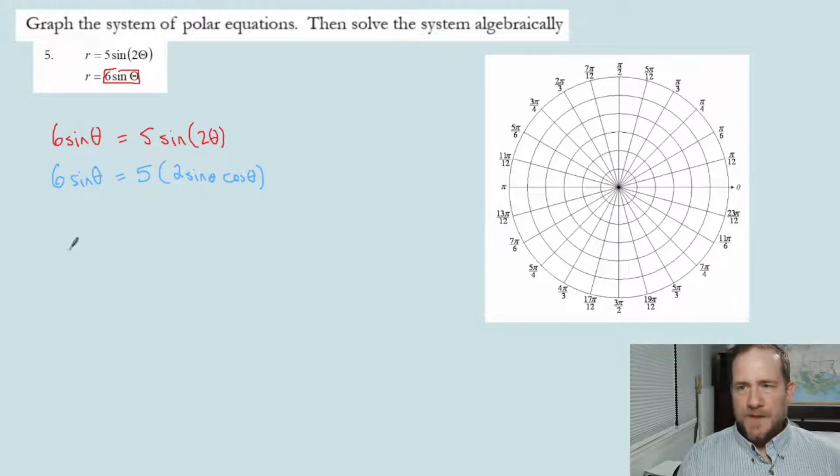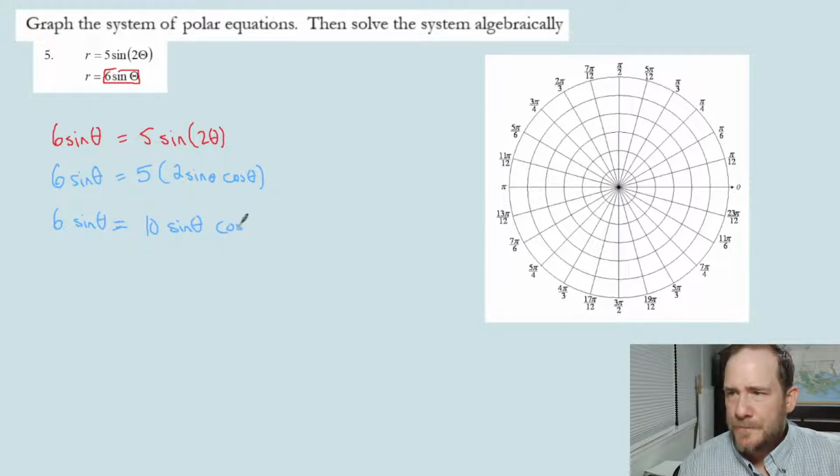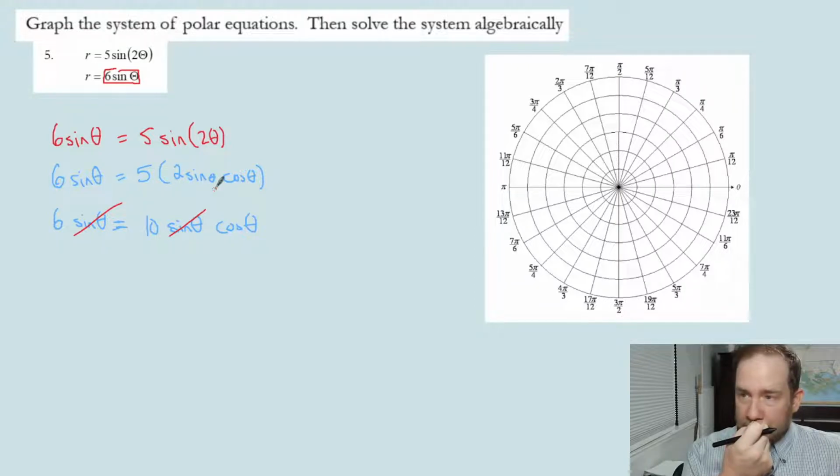So now you have 6 sine theta equals 10 sine theta cosine theta. The temptation is to divide by sine theta and just cancel them out. You better resist that urge, because you'll lose solutions if you do that.